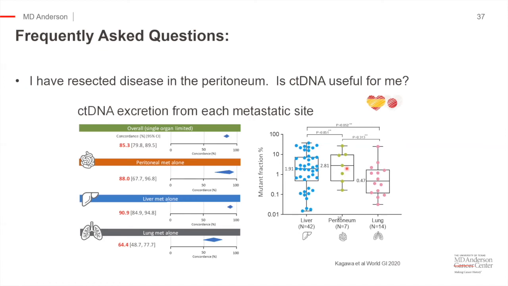So we know that perhaps site of disease does, and the proliferation rate may as well. Is it a really indolent cancer? We have patients that have really indolent, invisible disease in the body that are ctDNA negative, just because the tumor cells are not really replicating very fast at all.